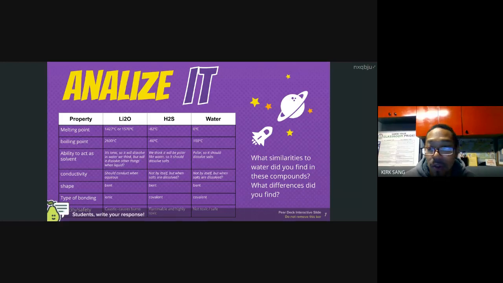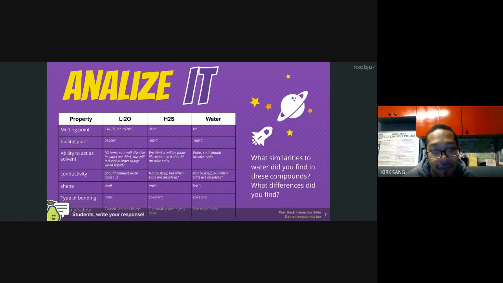All right, so let's model here safety and toxicity. If I were to compare the similarities and contrast the differences, I would say, looking at water, I know that water is not toxic, it's safe. But if I were to look at hydrogen sulfide, it's flammable and highly toxic. Oh my gosh. And then lithium oxide doesn't seem that bad. It's caustic.